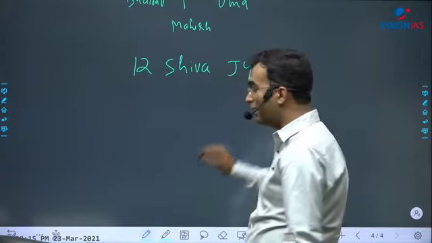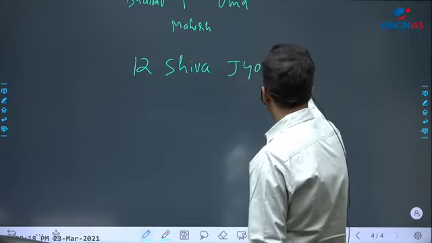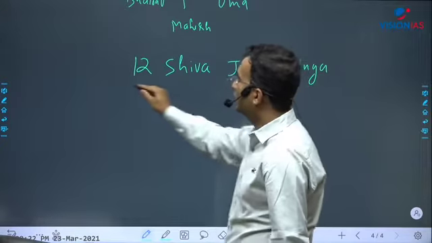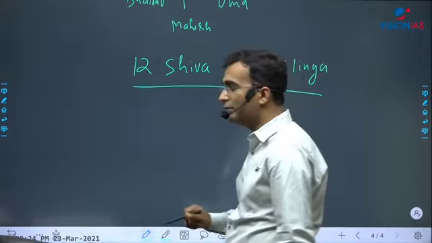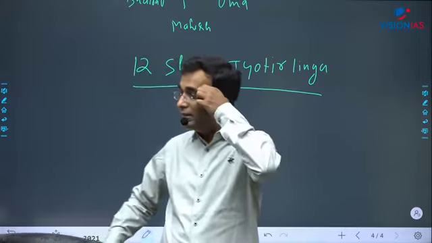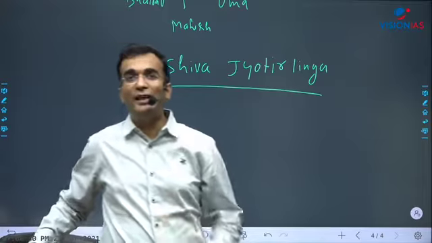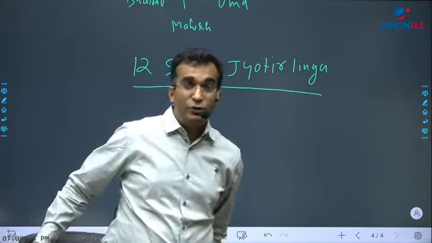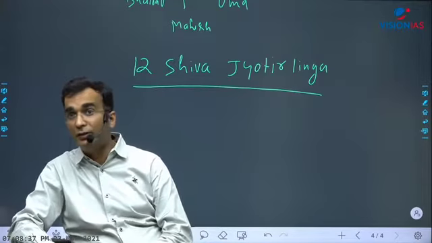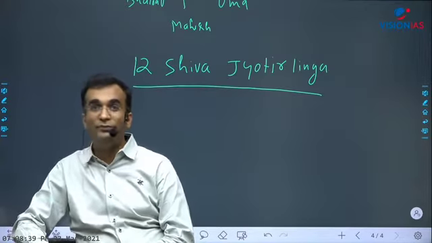Does anybody know the concept of the Shiva Jyotirlinga, what is it? Or can you tell me which places come under the Shiva Jyotirlinga? Some of the names you can tell me. There are a total of 12 places in the Indian subcontinent, and I will be mentioning these.